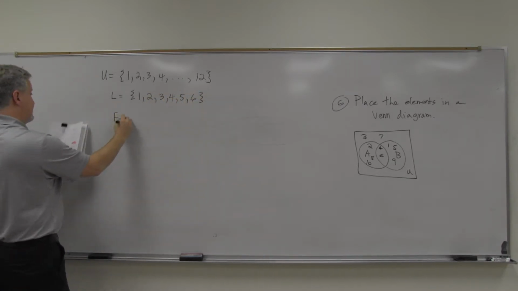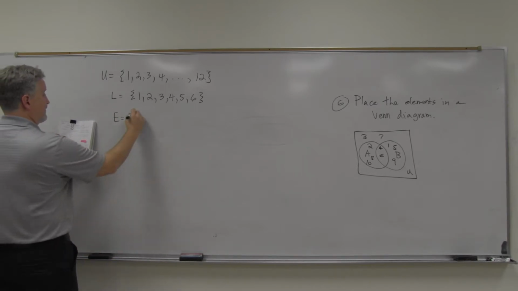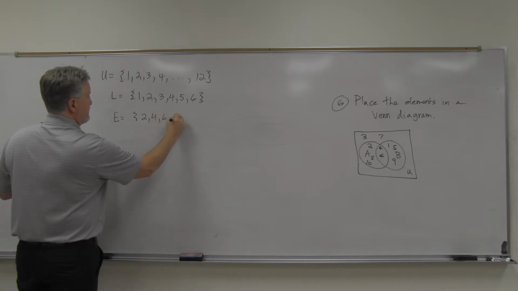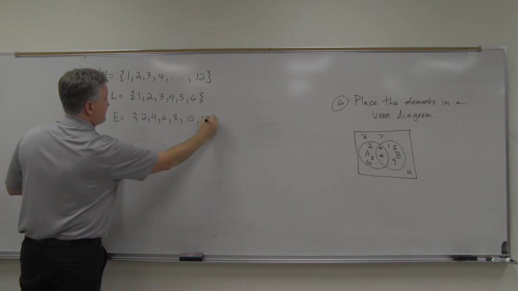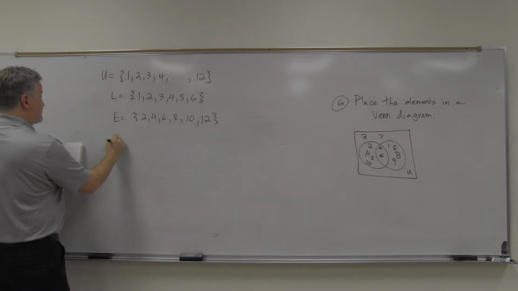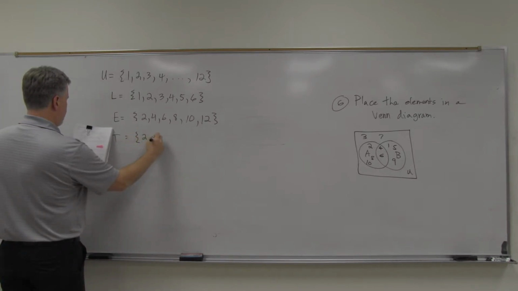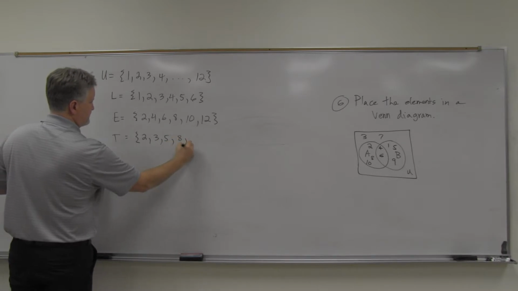Set E is even ones, 2, 4, 6, 8, 10, 12. And then set T is 2, 3, 5, 8, and 12.